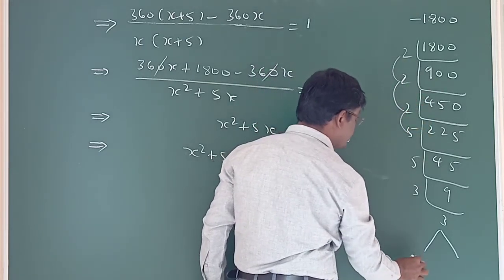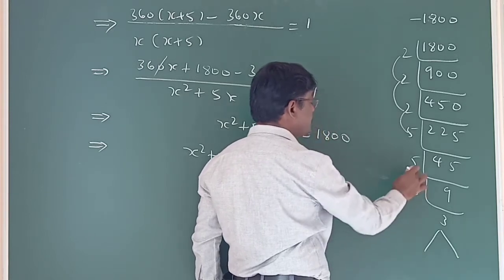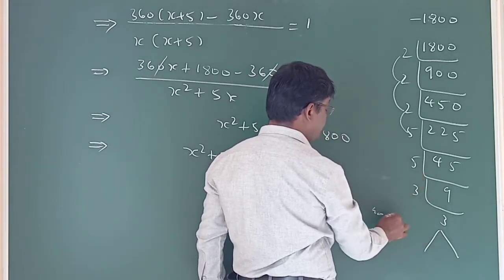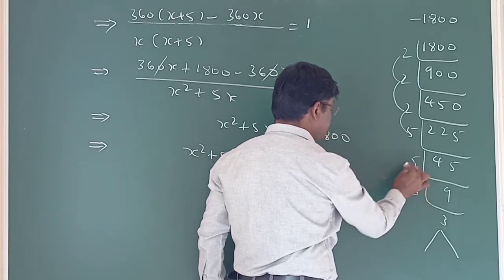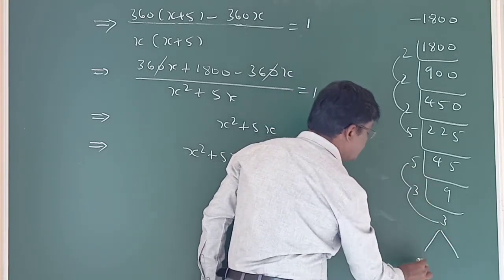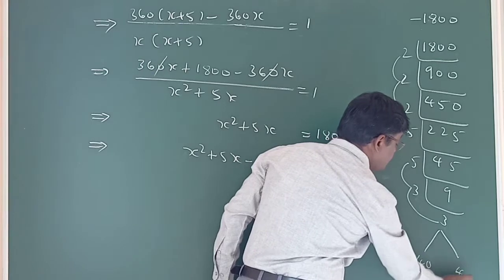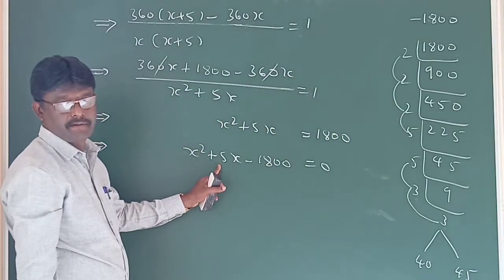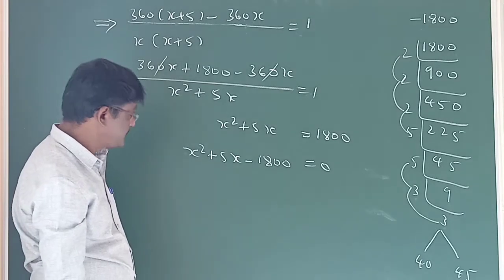Just let us check. 40. Then 5 3s are 3 3s are 9, 45. Yes, it comes. Therefore, 40 and 45. We need plus 40 plus 5.